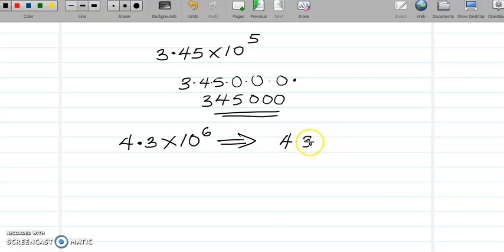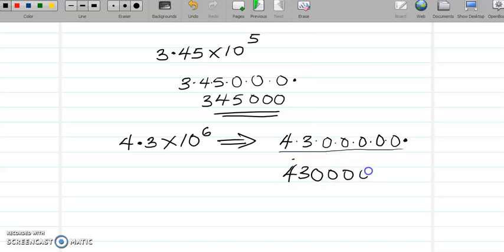Now the power is 6, so from here it moves 1, 2, 3, 4, 5, 6. You see where it stops? 6. You get that? So this now gives us what? 4, 3, 0, 0, 0, 0, 0. Okay, 1, 2, 3, 4, 5. So this gives us 4,300,000. So this is how we write it in ordinary form.